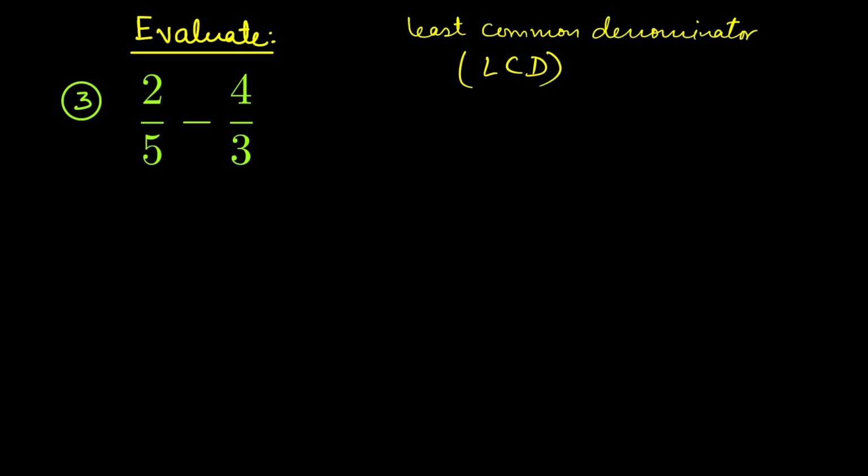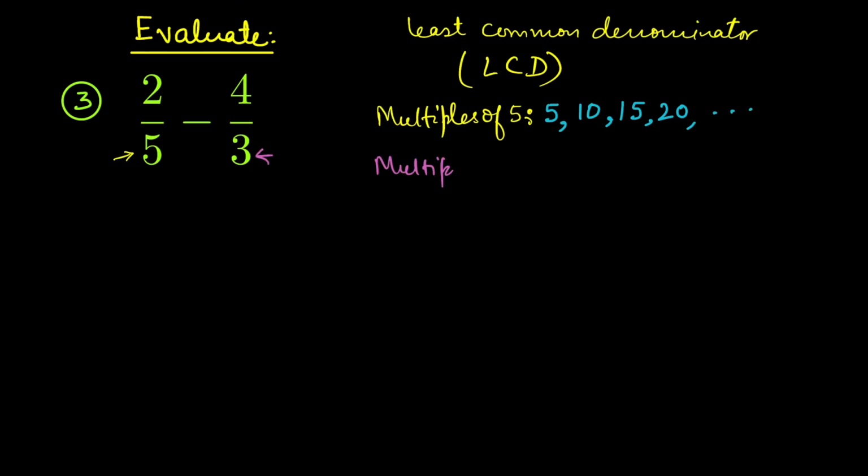For that we write multiples of the first denominator, that is 5. So what are multiples of 5? We write 5 times 1, 5, 5 times 2, 10, 5 times 3, 15, 5 times 4, 20, like that. Then the second denominator is 3, so we write multiples of 3.